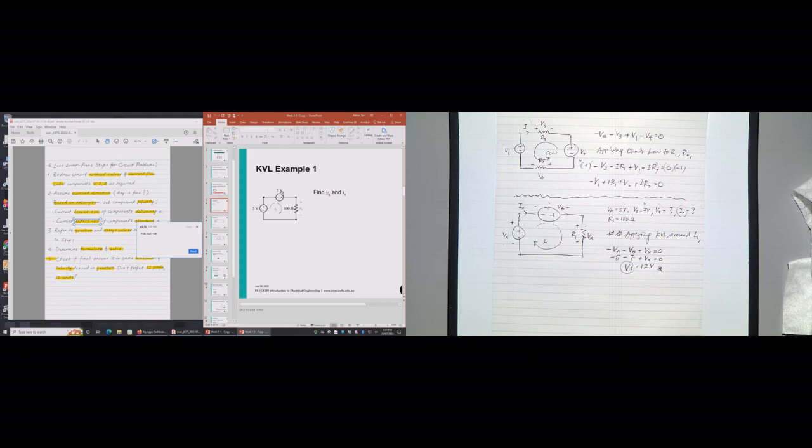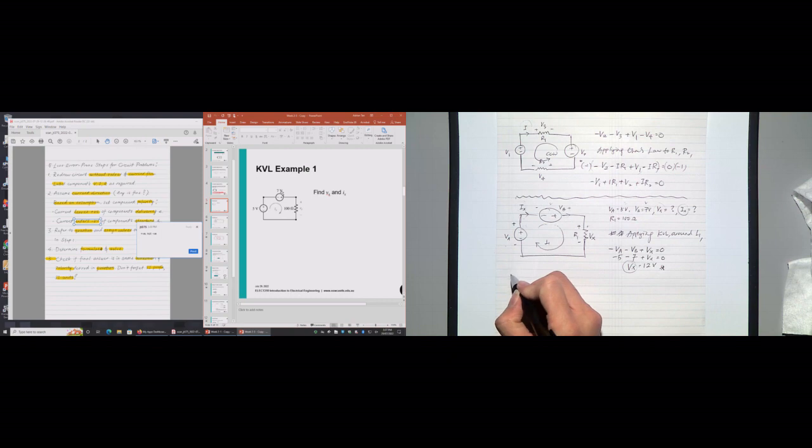So my answer of Vx is definitely correct. Now the question is, what is Ix? Once you have Vx, recall once again, every component has its own Vi and R. So Ix is just equal to Vx divided by R1, applying Ohm's law.